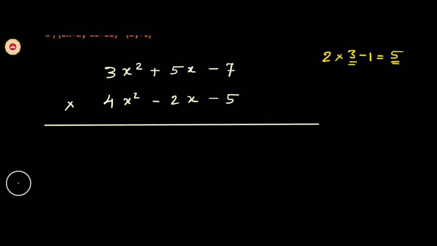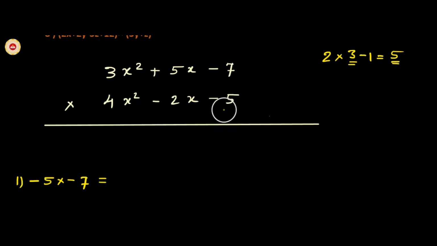Okay, so the first step is, starting from the right side, consider the first column from the right side. What is the first column? Minus 5 and minus 7. So multiply minus 5 and minus 7. See, first column, single column.